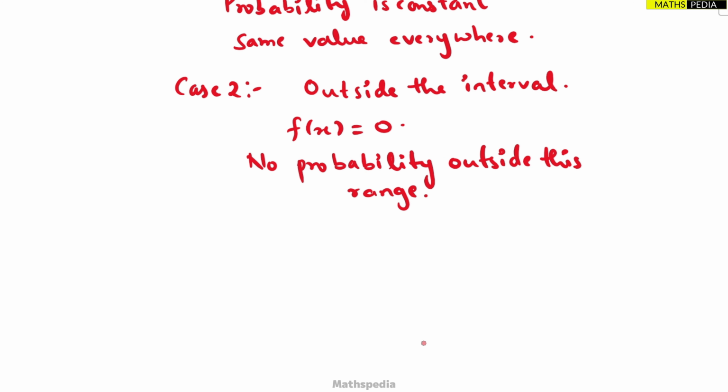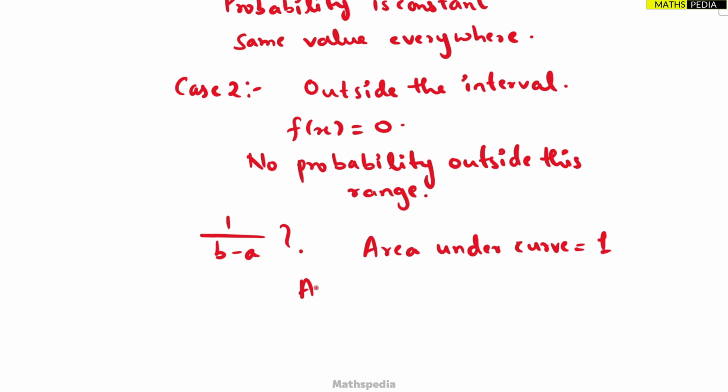Now, you might be thinking why the function value is 1 by b minus a. Why has this been taken? Always remember the total probability must be 1. Therefore, the area under the curve must be 1.